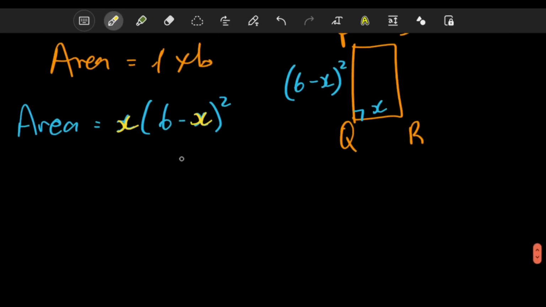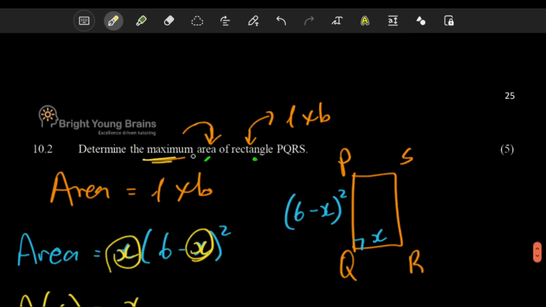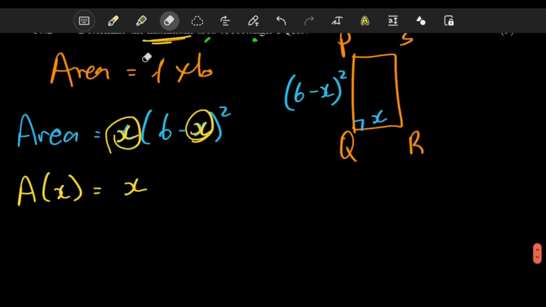So we need to take our area formula, simplify it first, then differentiate it and equate it to 0. Let me say this slowly. Our area formula, we need to differentiate it and equate it to 0 so that we find an x value that we can throw in here to get the maximum area that they're looking for, because you have an area formula already.